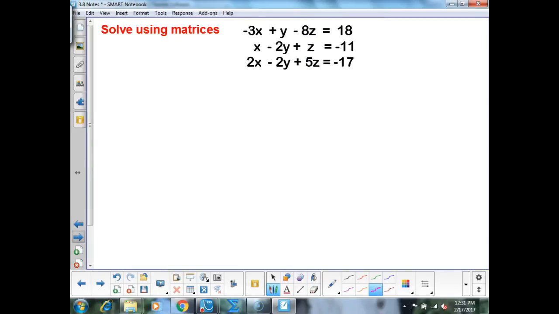Now, can we use this in this situation? Yeah. You do it the exact same way. Okay. I'm gonna use my graphing calculator for this one. Try it.